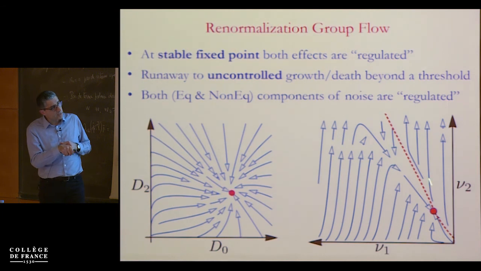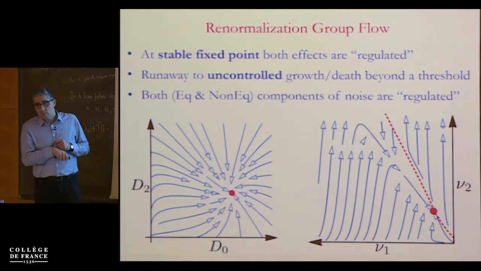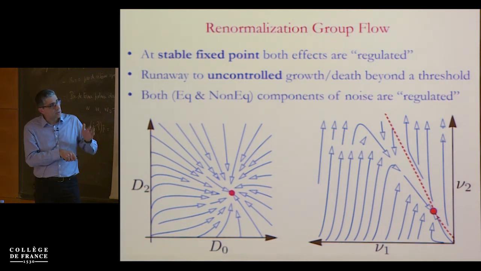It's bounded by this separatrix, and then beyond that dashed line, you basically flow into another fixed point, which is a strong coupling fixed point. So essentially, and also in terms of the noise terms, there is a stable fixed point in the cross-section that we have. And this is all happening at the critical point.